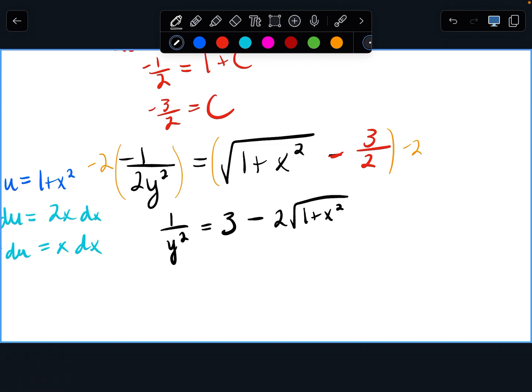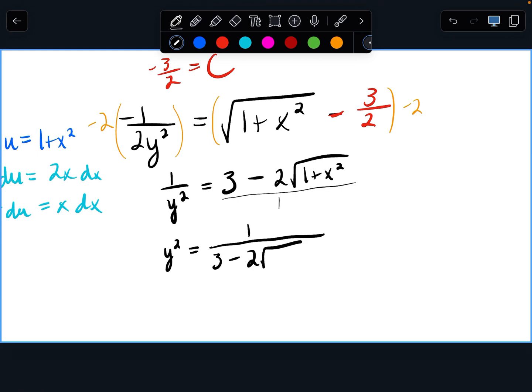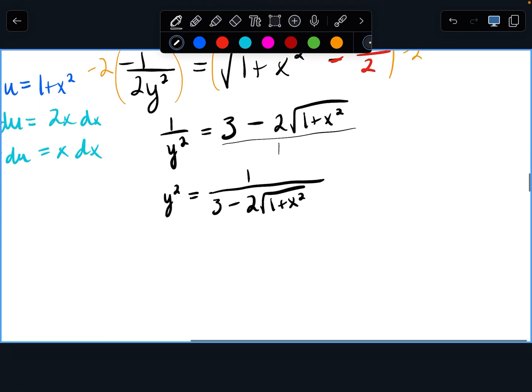Is everyone still good? Because now this whole thing is over 1, and I can just do a little switcheroo business, as in a reciprocal. So 3 minus 2 root 1 plus x squared. Oh, this is going to be ugly.